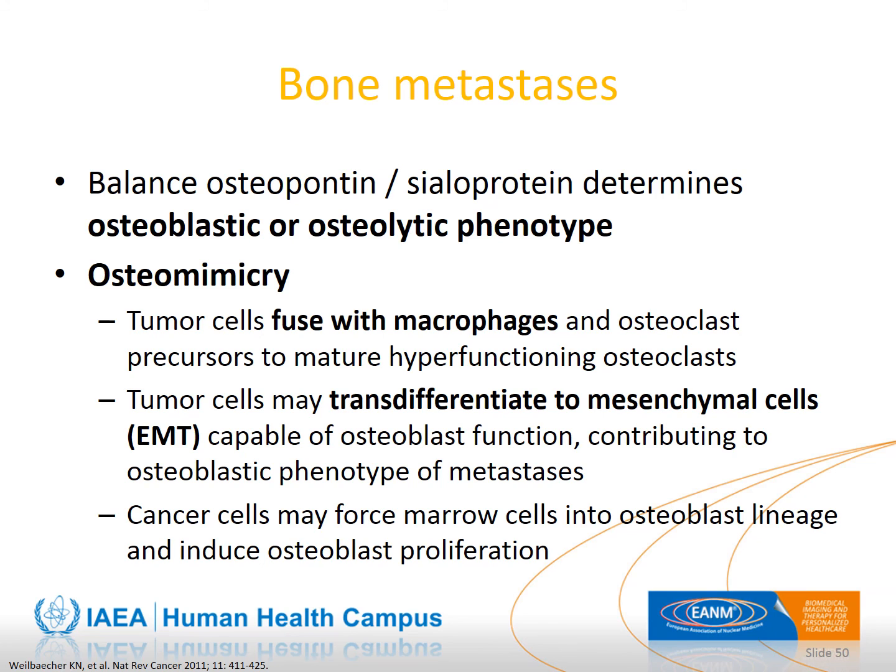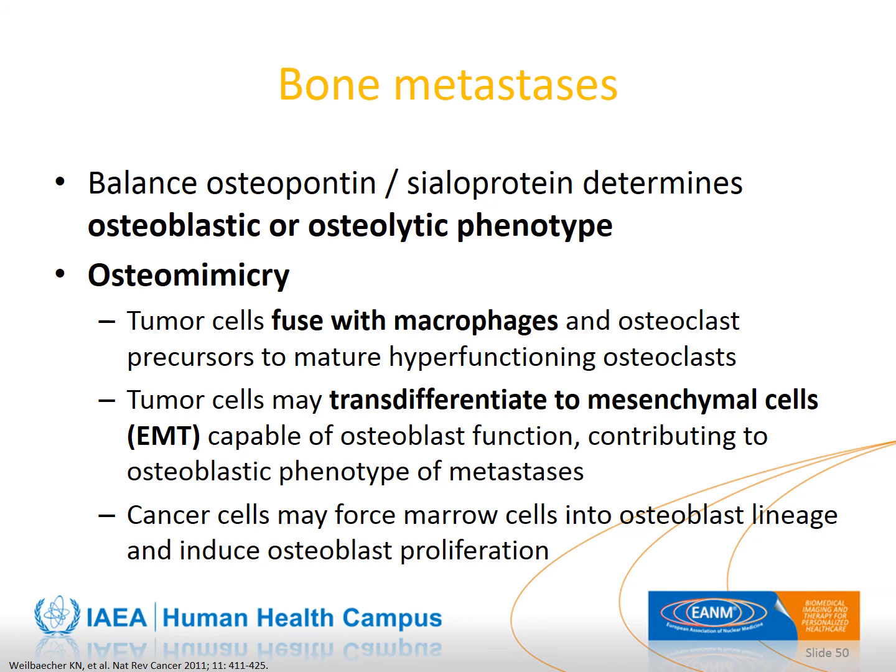Interestingly, reports suggest that cancer cells can fuse with macrophages or can induce the fusion of osteoclast precursors, leading to mature osteoclasts and increased function. This identification of tumor cells with osteoclast properties shows that tumor cells are able to behave like bone cells in some circumstances, and this phenomenon is known as osteomimicry.